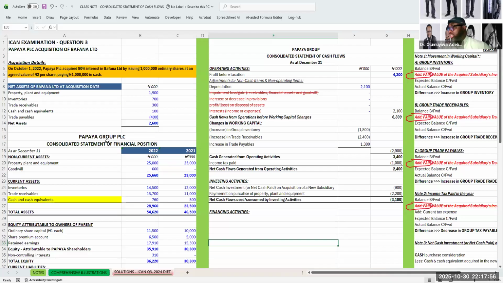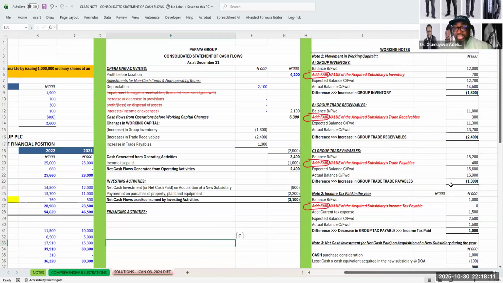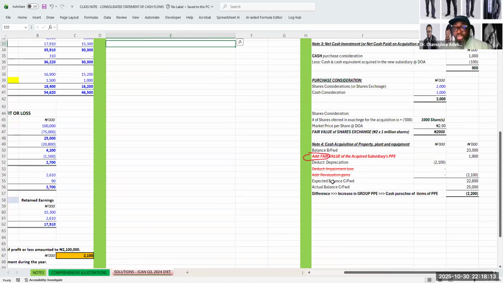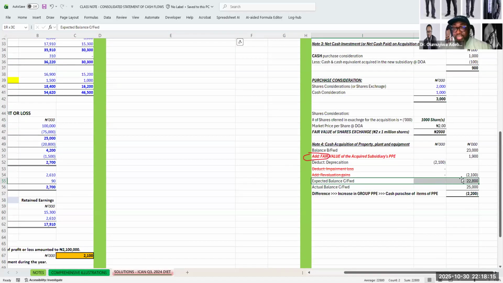Okay, another question is, so depreciation, a non-cash item is used to arrive at addition. Yes, now, what is addition? If you have not added to your PPE during the year, the math will give us our expected value equal to our actual.